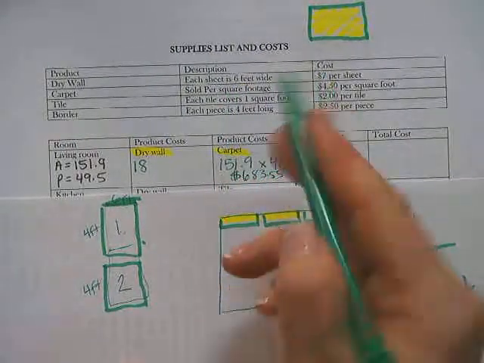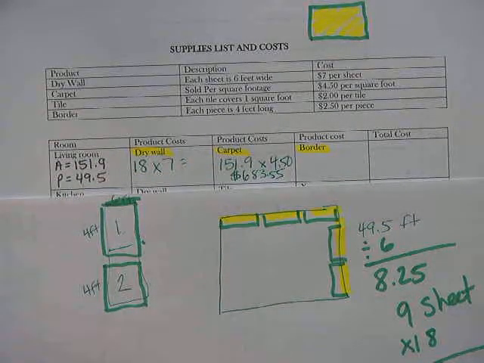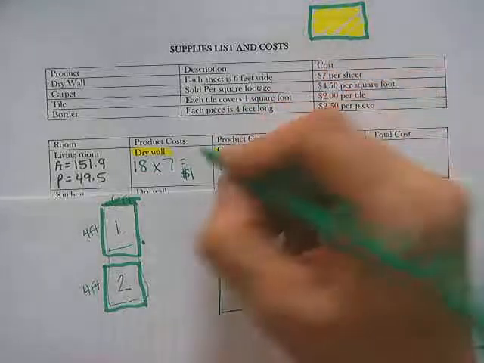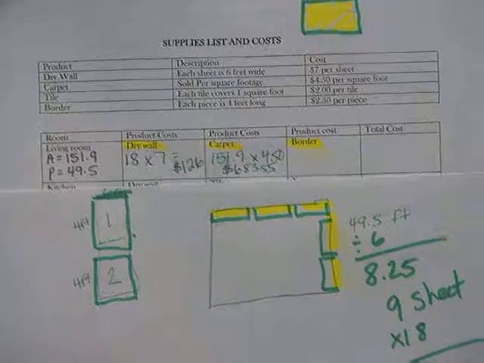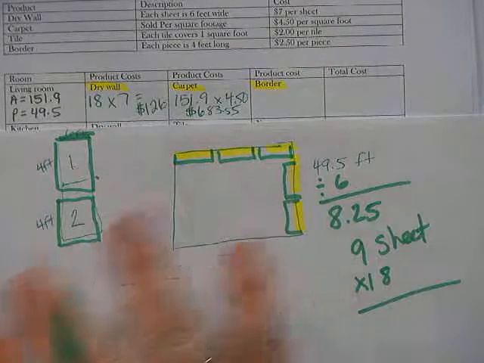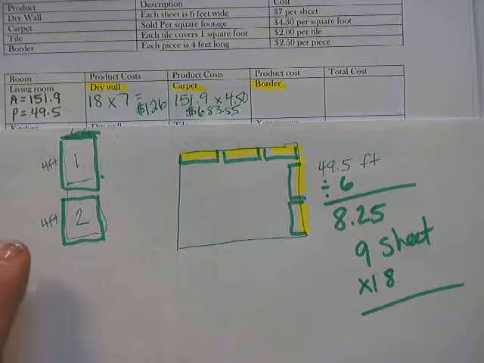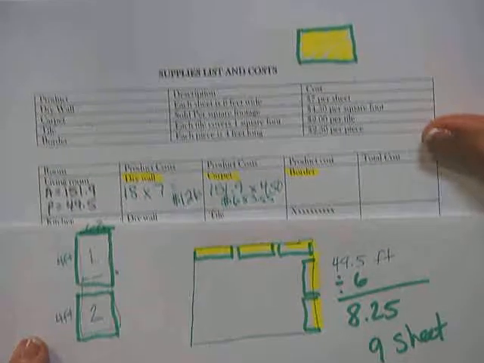And up here, a sheet is $7. So we do 18 times 7 to get a drywall cost of $126. If that kind of confused you, feel free to back the video up and watch that calculation again to make sure that you're doing that correctly.